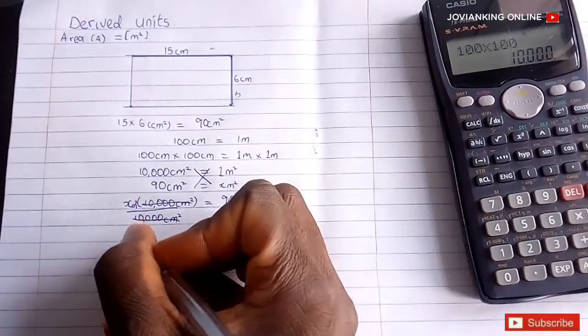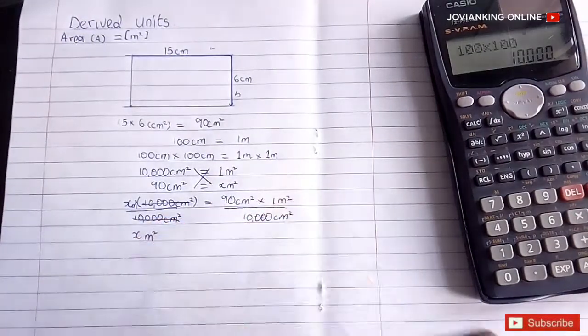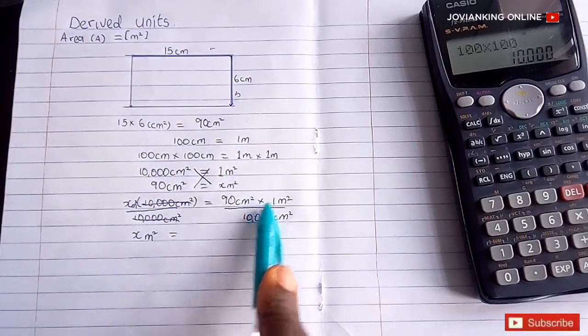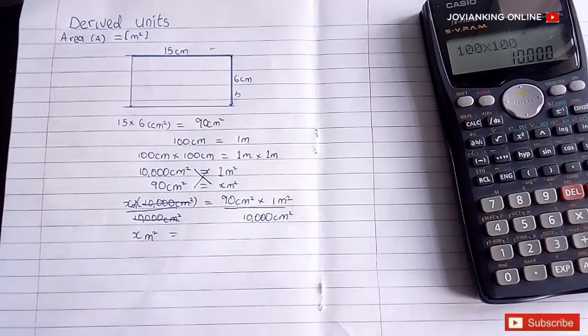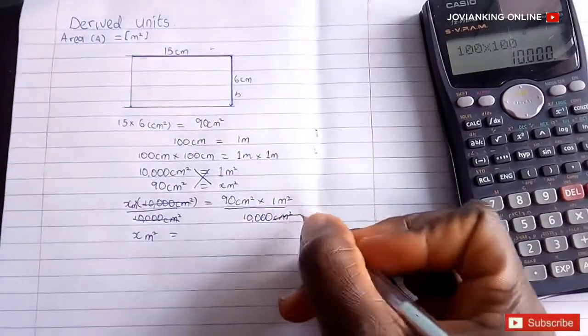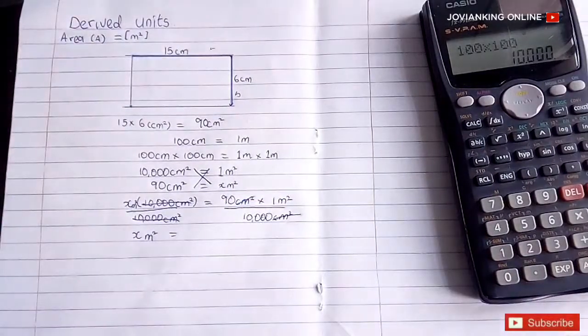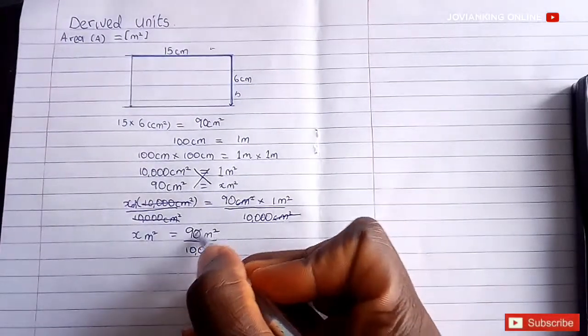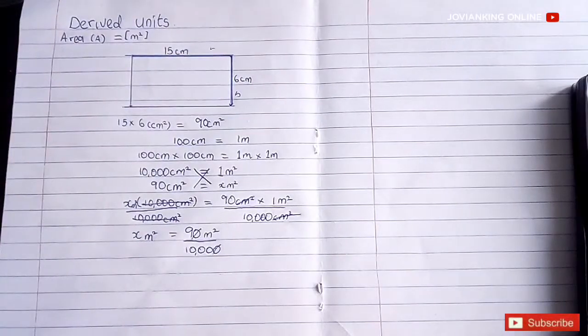So S meter square is equal to 90 cm square multiplied by 1 meter square divided by 10,000 cm square, or you can simply cancel cm square, cancel cm square. So 90 multiplied by 1 meter square divided by 10,000. From here we have 0 cancel 0, S meter square equal to 9 over 1000.